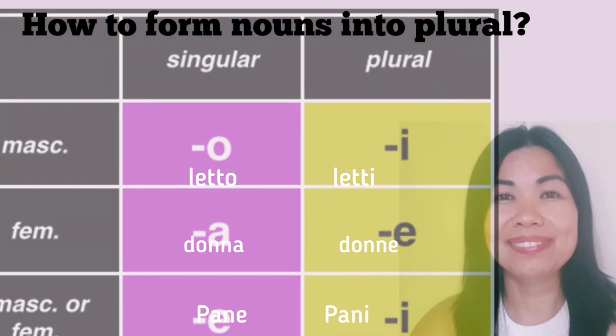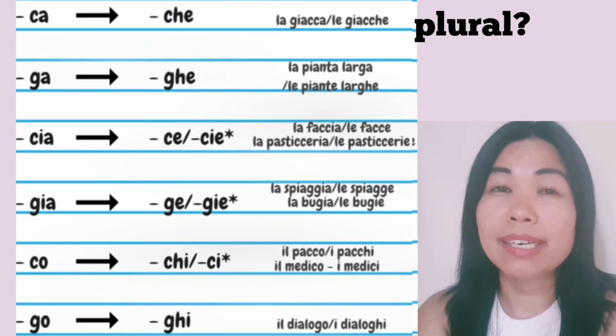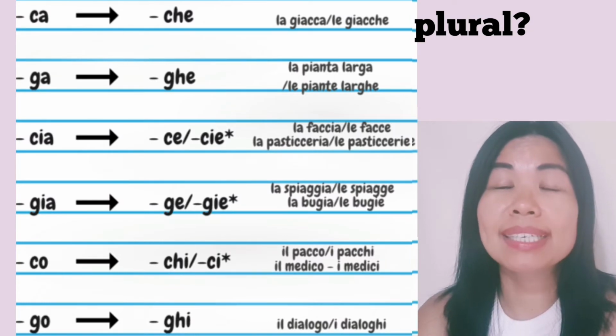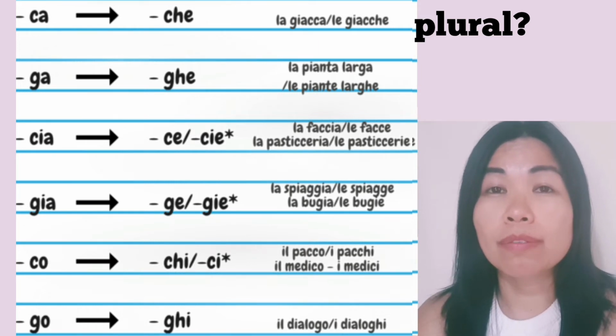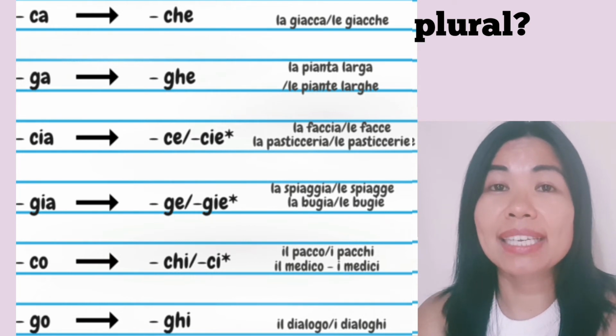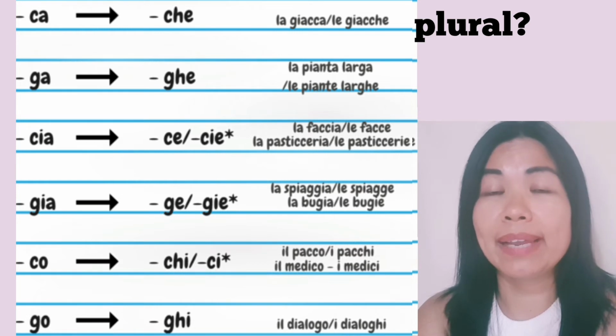Okay? There are also some particular feminine nouns in Italian that end with ca, ga, and cia. So, to form the plural of ca, we have to change ca into che. So we have to add h between the c and the e.